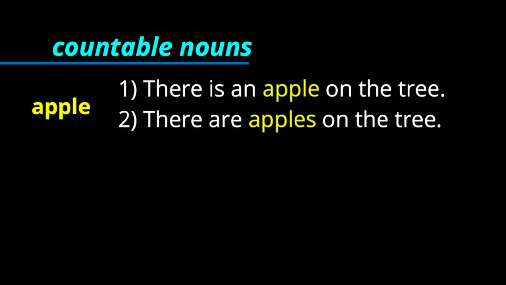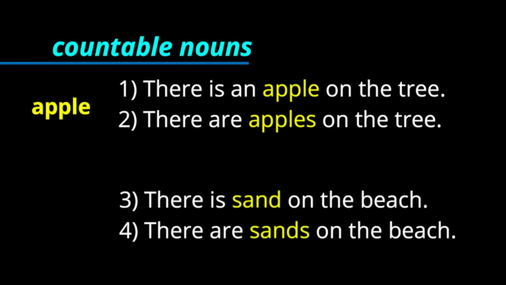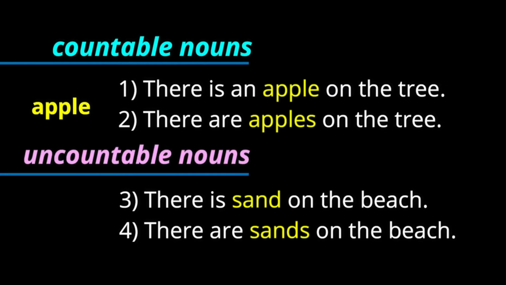Okay, so let's go to the next set of examples with uncountable nouns. In this case, we're talking about sand. Sand is what we call a mass noun. A mass noun is a group of something, and we count a group as one, so they're singular. For example, number 3 here, there is sand on the beach.